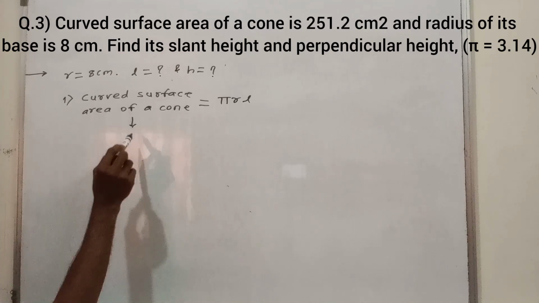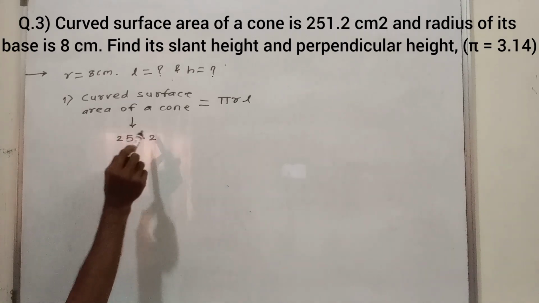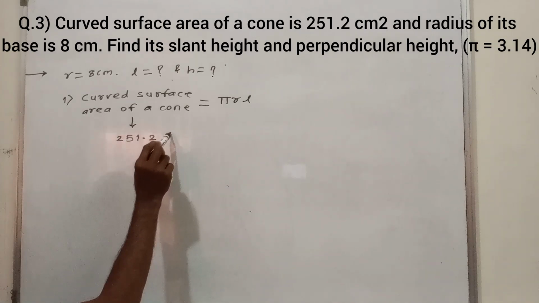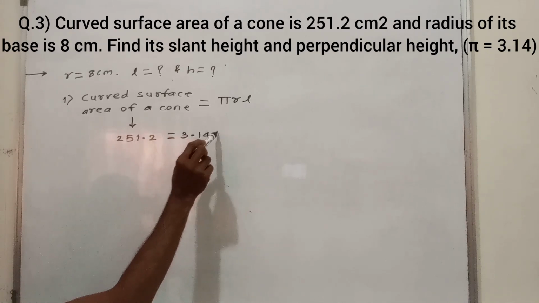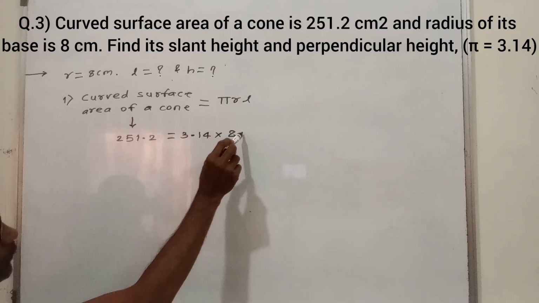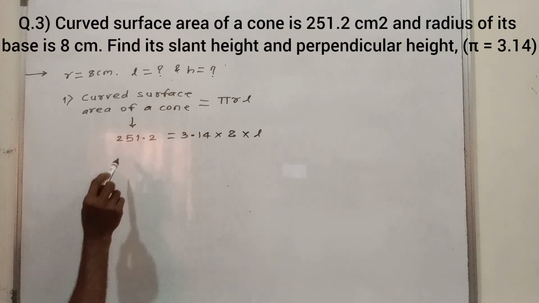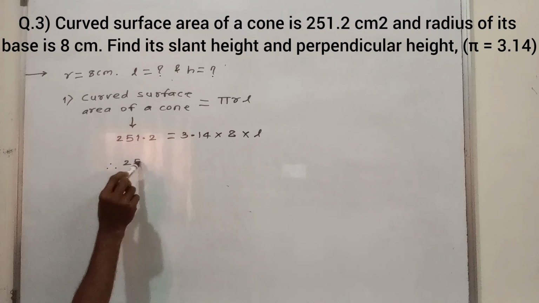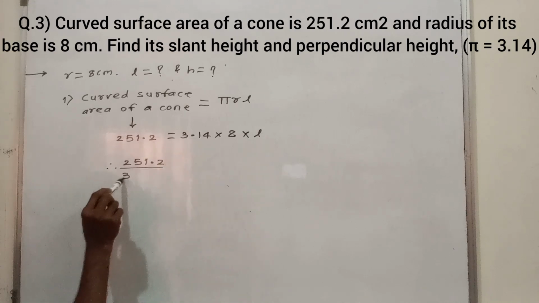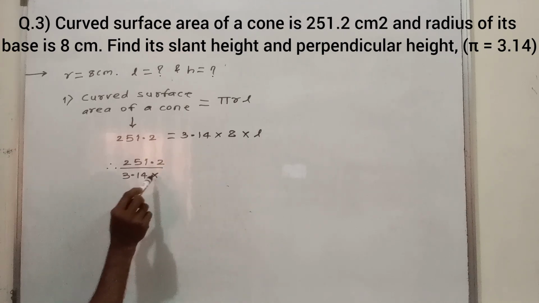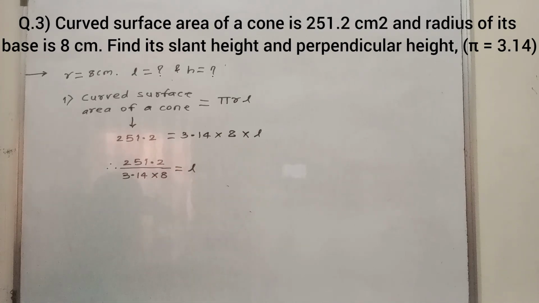Now curved surface area is given, 251.2 centimeter square is equal to value of pi 3.14 into r 8 centimeter, and we don't know l. Both these we take to left side. 251.2 upon 3.14 into 8 is equal to l.